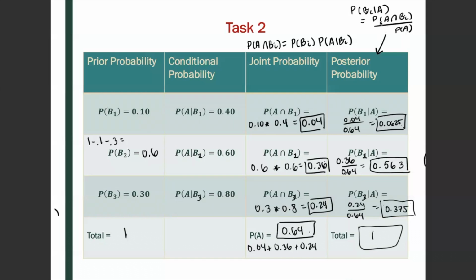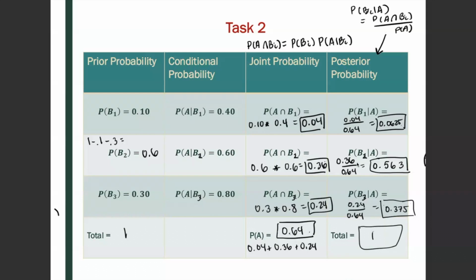And so for this first one, when i equals 1, the probability of A intersect B1 equals 0.04. So we're taking the joint probability in the third column and then dividing it by the probability of A. That gives us 0.0625.